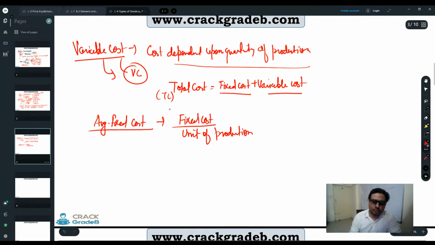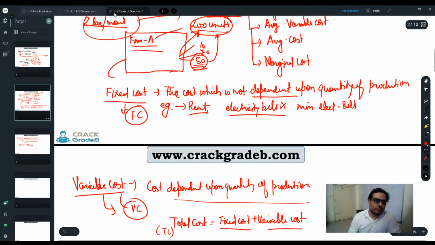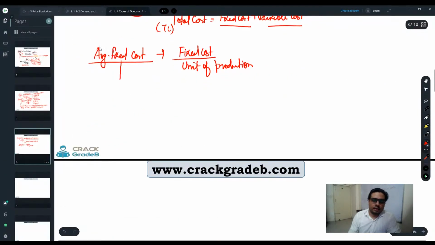Suppose the fixed cost for this firm, rent, is 2 lakh, and their total cost is 5 lakh and they are producing 200 units. So what will be the average fixed cost? It is 5 lakh and 200 units. Please answer.